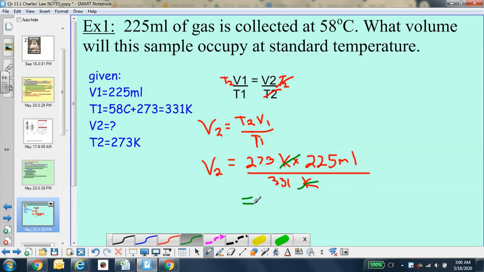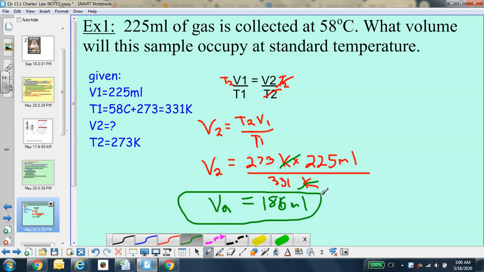And we get, for volume 2, 186 milliliters. If we want to maintain the 3 significant digits that we had originally in our volume 2 or volume 1.